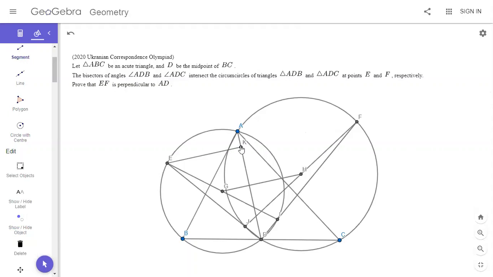So you said AK over KB, we could try to calculate that? Yes. Yeah, we also know that EA is equal to EB.